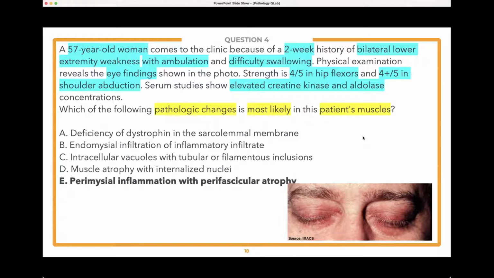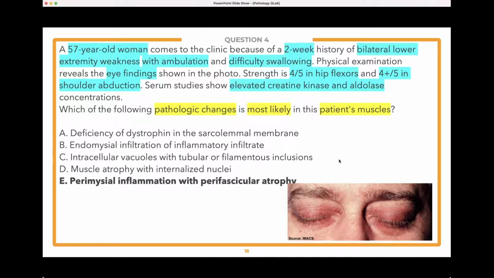On top of that, there is weakness on swallowing, dysphagia. There are also muscles in the GI tract, so when we talk about esophageal involvement, you can get dysphagia in dermatomyositis as well. So all of this is pointing to dermatomyositis. Hopefully you guys picked up on that.